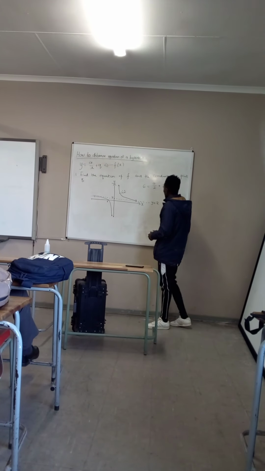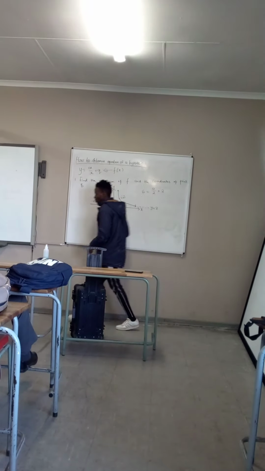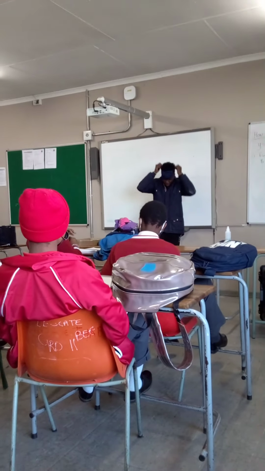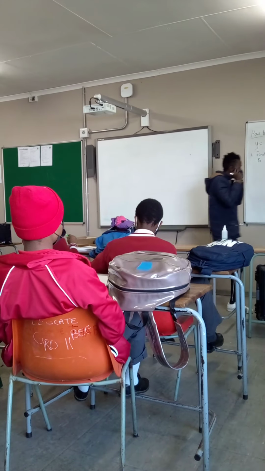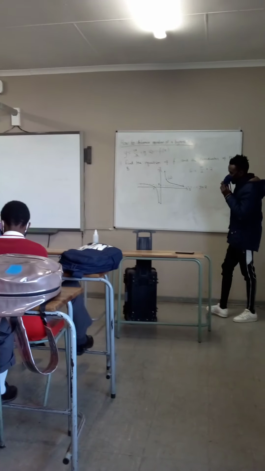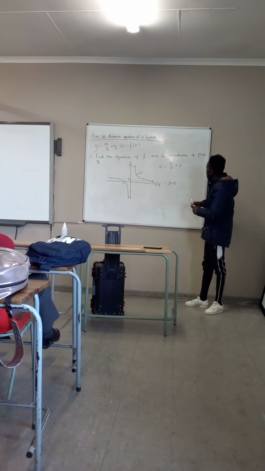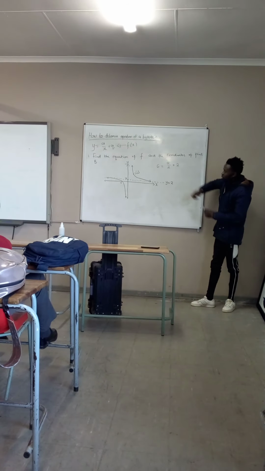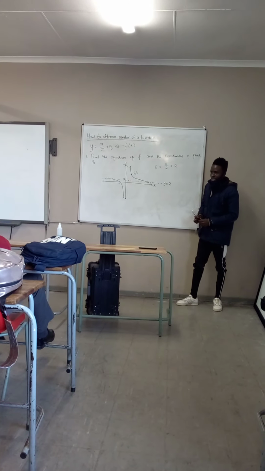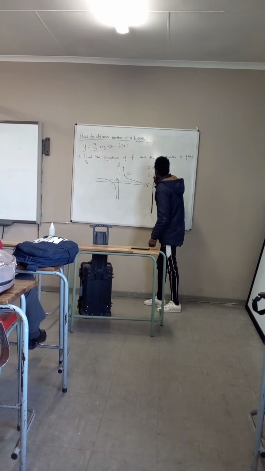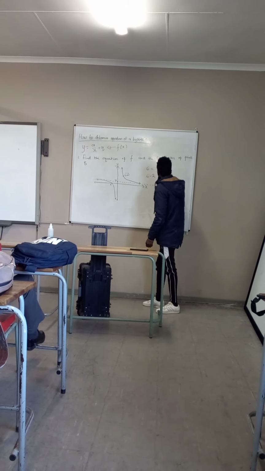Now, what should I do to end up having a as the subject of the formula? We transpose 2, which means we take this 2 to the other side of the equal sign. Then we have 6 minus 2 equals a over 2.